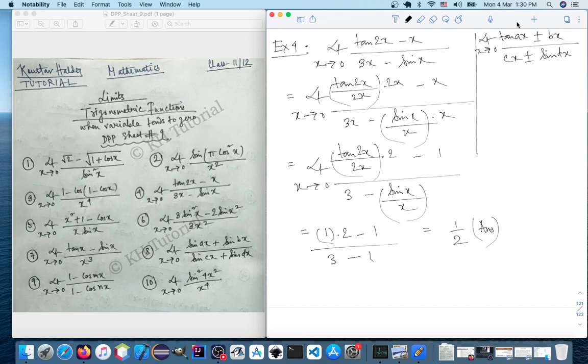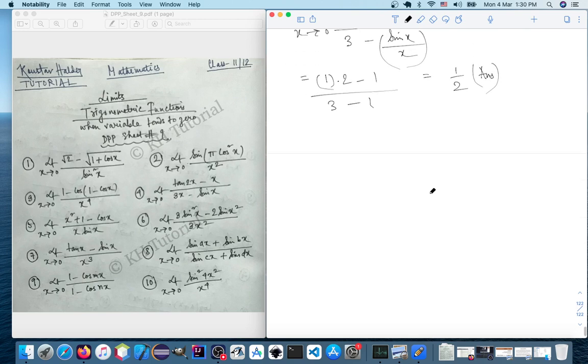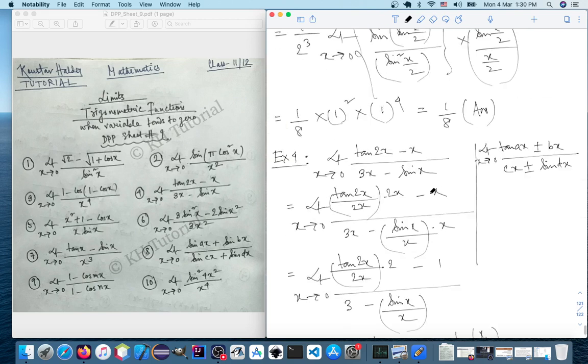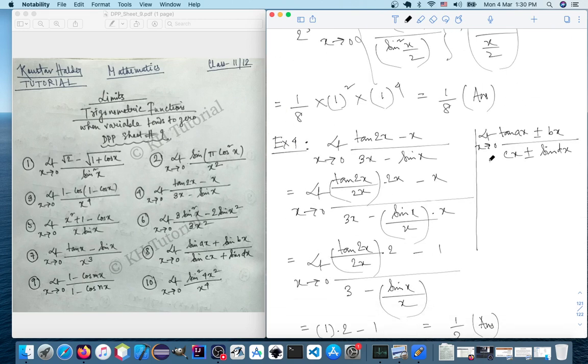Now let's see the next problem. Okay, let me just write it down. Over here, x tending to 0, we write it as tan ax by ax into ax, and sin dx by dx into dx, where a, b, c, d are constants.